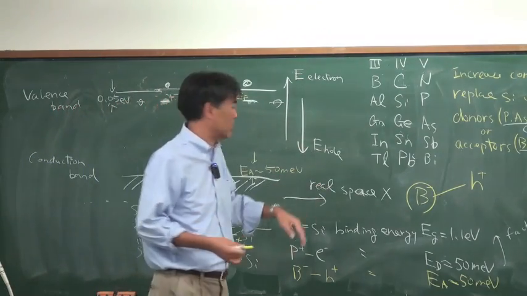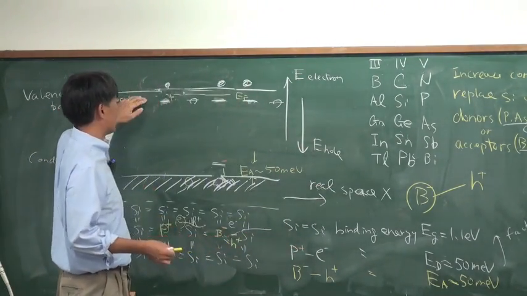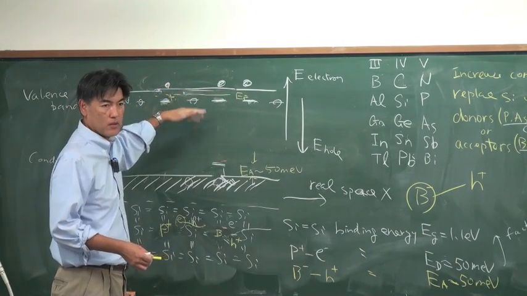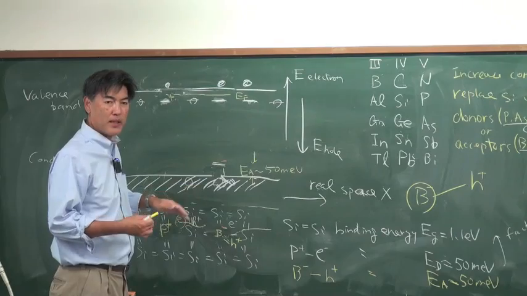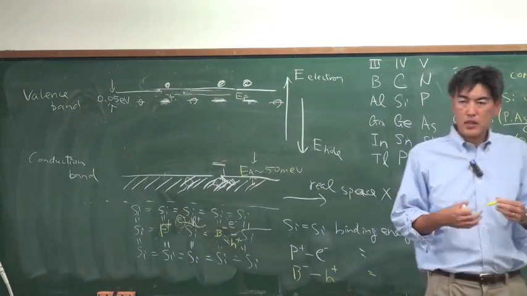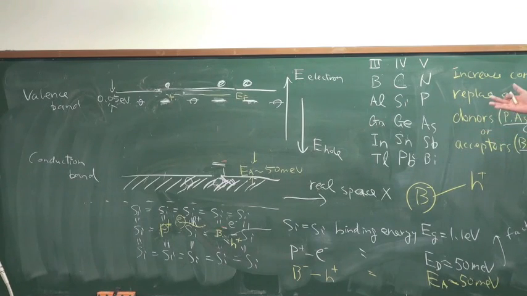Not exactly, because we have more electrons here. So it's a little bit between, but mathematically you can define the exact position of the Fermi level. Conceptually, the Fermi level is somewhere close to the donor level in the case of phosphorus-doped silicon.